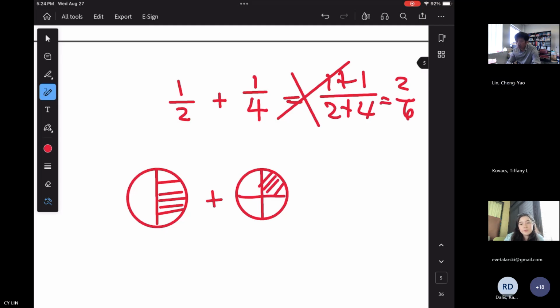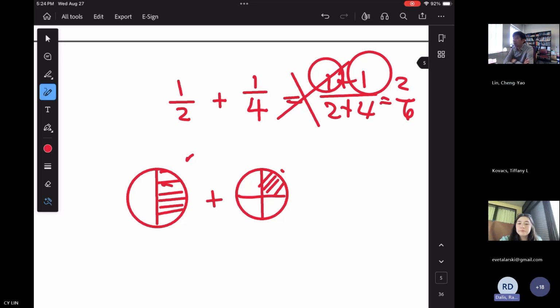So if you say 1 plus 1, can you say this is a big one plus a small one, and you get a 2? Yes or no? No, it's not equivalent. So you cannot say this 1 plus this 1 gives 2.